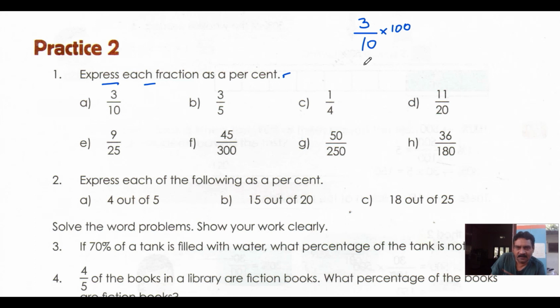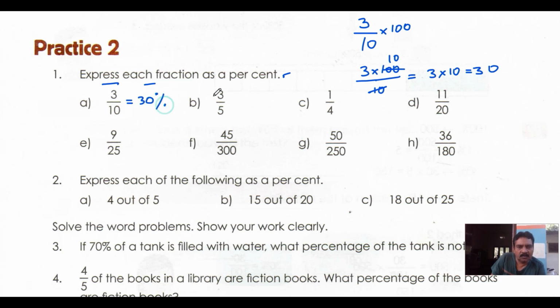Then it becomes 3 into 100 by 10. 10 ones are 10, 10 tens are 100, so 3 into 10 is equal to 30%. So this is equal to 30%.